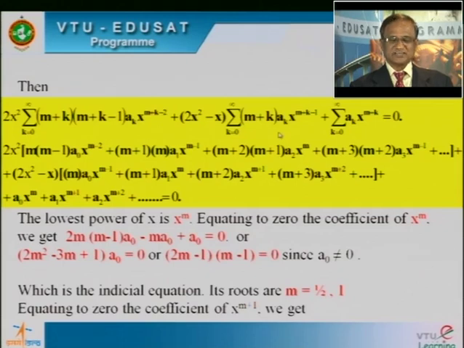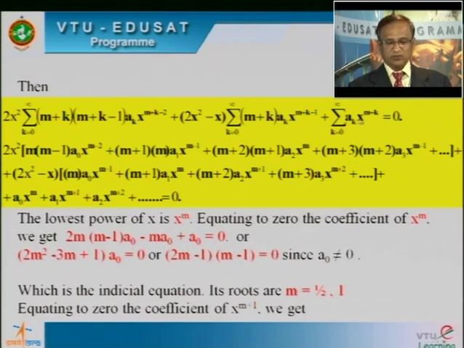So a suffix k, you can replace k by 0, a naught into x to the power m plus k minus 1, which means m minus 1, what I have written here. Now I will replace k by 1. So you will get m plus 1 a1 x to the power m. If you replace k by 2, you can obtain m plus 2 a2 x to the power m plus 1 and so on. So finally, what is the last term?